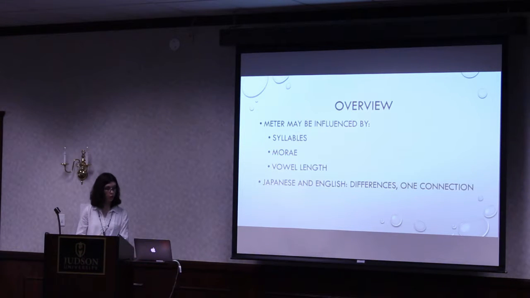The meter in poetry may be influenced by many different elements, some of which may include syllables, morae, and vowel length. For example, Japanese and English languages may have different combinations of such elements. You will also see that there is one particular connection between Japanese and English poetry.